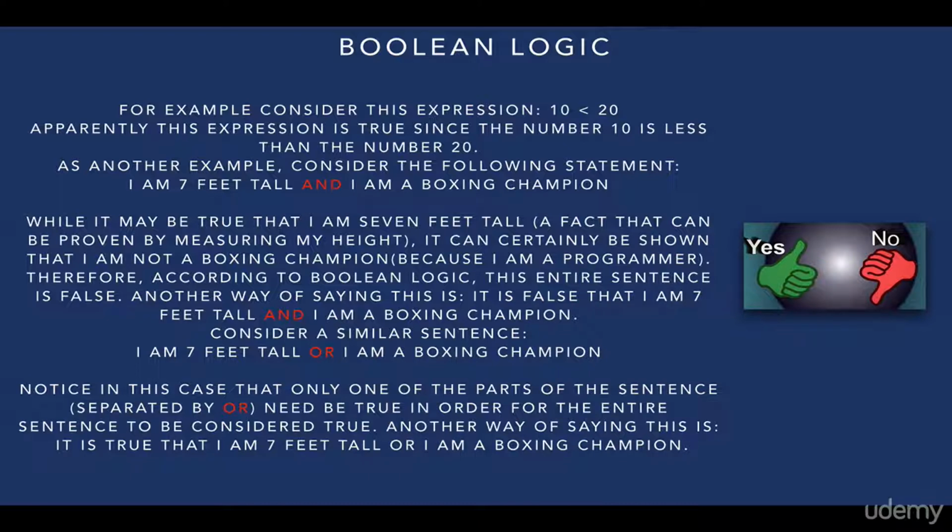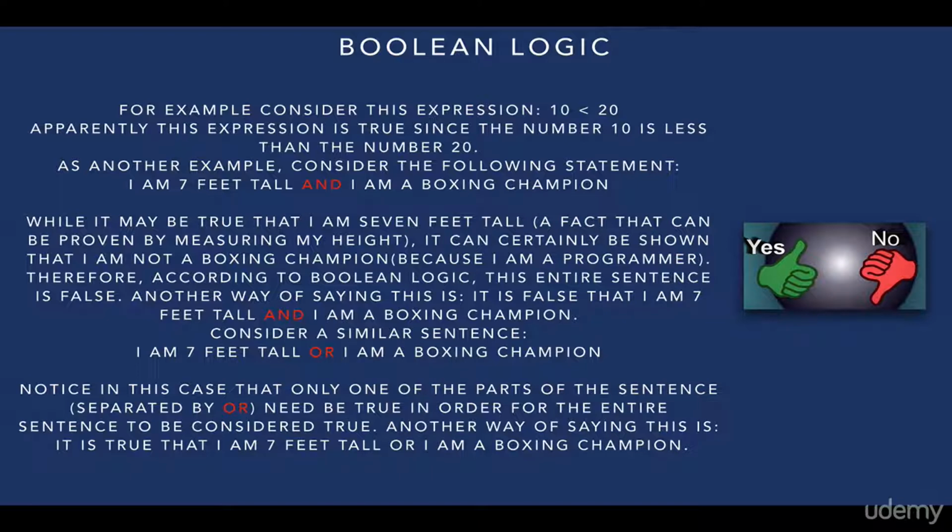And as you can see, the second part of the statement, I am a boxing champion, is false. Because whenever you're using an AND operator in a statement, the two parts of the statement must be true, okay? So in this case, the second part of the statement is false, so the entire statement is false.